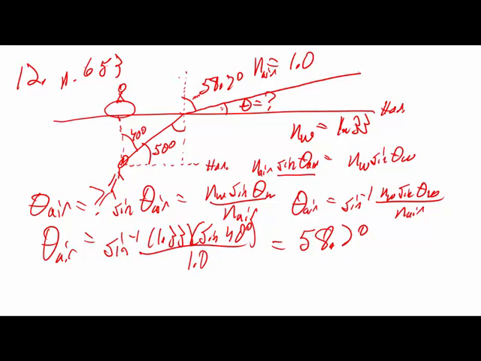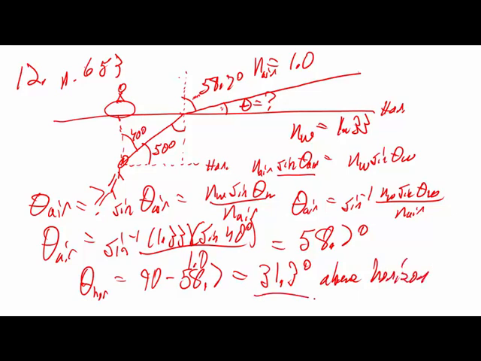Well, that's easy. All we've got to do is do what? To find the angle with the horizon, we take 90 minus 58.7, and what do we get? We get 31.3, okay? So it's 31.3 degrees above the horizon, okay?